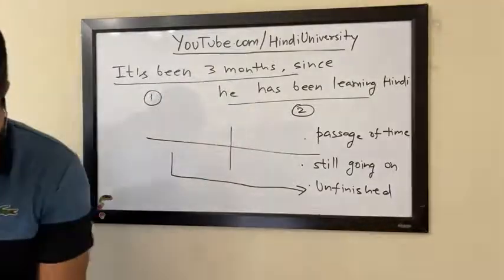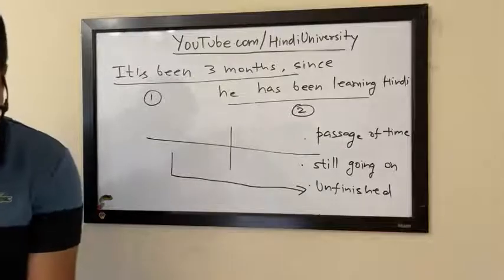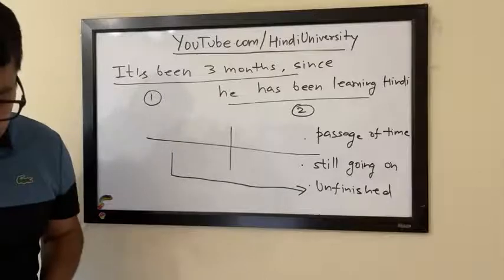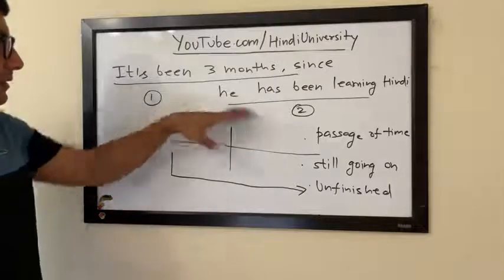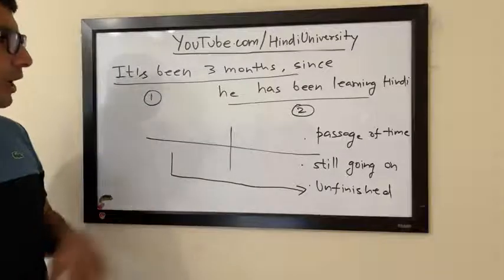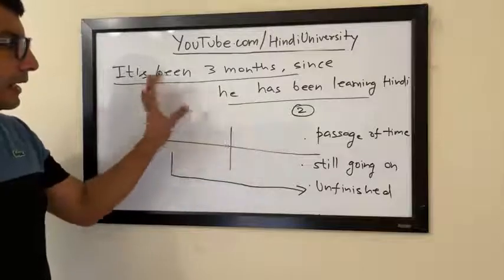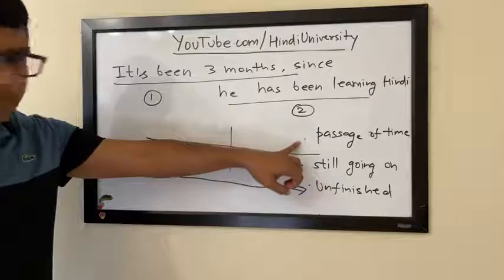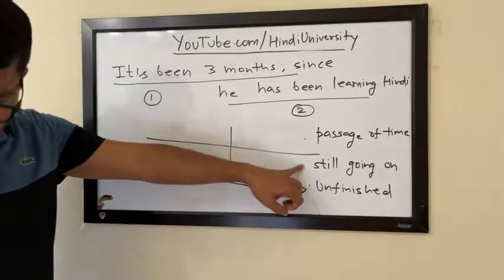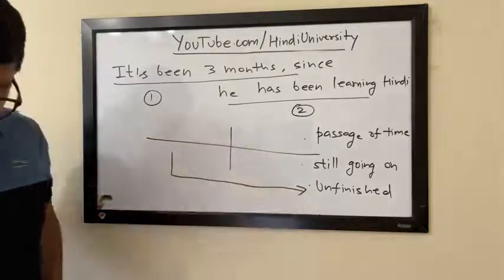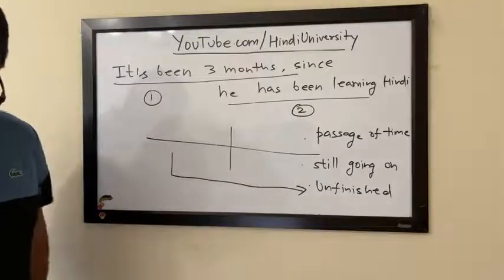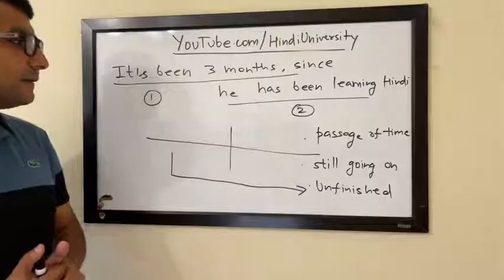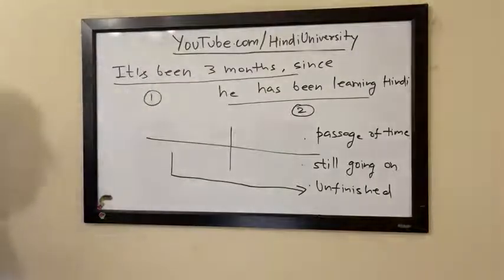Okay, take a moment to look at this sentence first before we jump into the Hindi pattern. And even if you have any questions on this one, we can discuss it. So if you have any questions on just this part first, before we deconstruct how to say it in Hindi, any other thing that you see in this pattern, it's a passage of time. Okay, it's still going on. So you see the continuity, it's unfinished. Anything else that you notice which is contrasting?